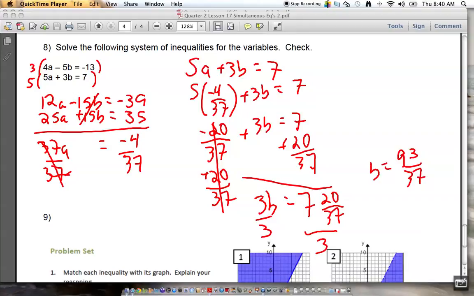And that would work out to be 2 and 19/37 if you convert it to a mixed number. Okay? All right, so it's ugly. I get it. But nothing's guaranteed to work out cleanly in this world. I wanted you to see that if it works out ugly, you just keep going, doing the things you're supposed to do. You don't stop. Okay? Any questions? Okay.